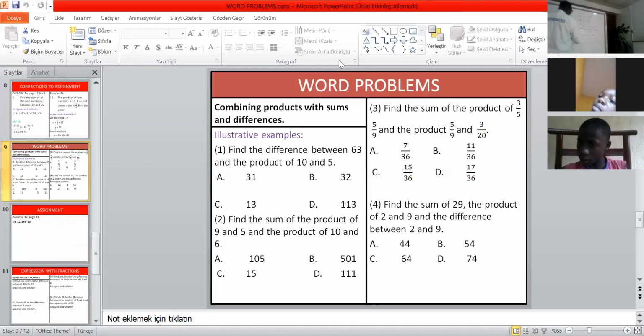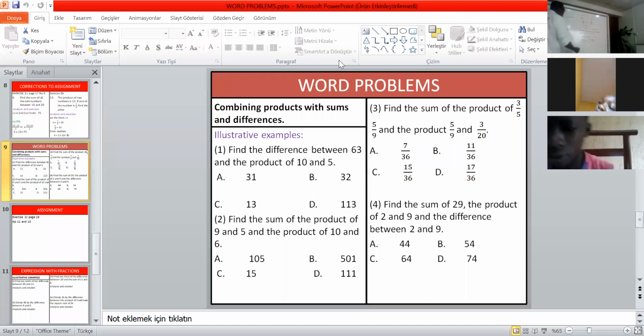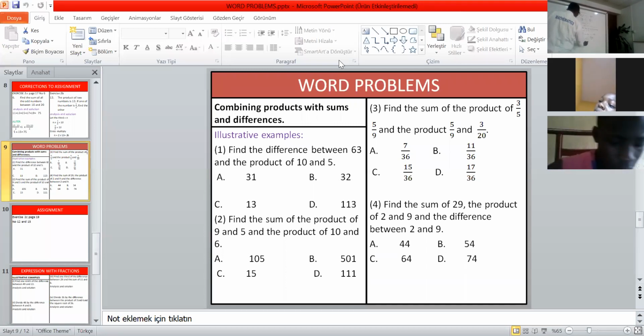I will now have 98 minus 2 over 2 plus 1. Open your parentheses and close it. Against 98 plus 2 over 2. So what is 98 minus 2? Yes, 96. Good. 96 over 2 plus 1.